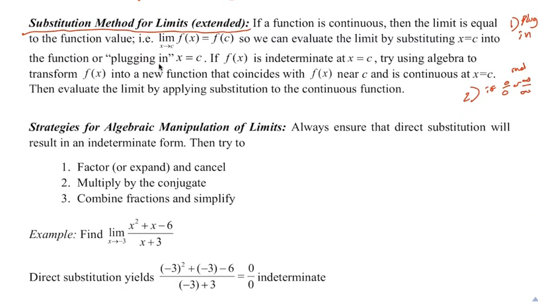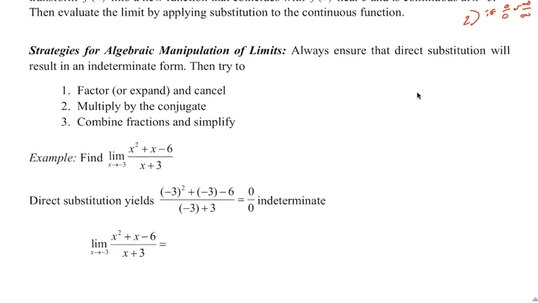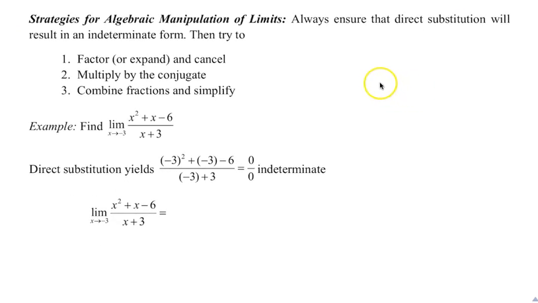So that's really the new substitution method for limits: plug it in. If it works, you're done. Great. If it doesn't work, if you get indeterminate, 0 over 0, infinity over infinity, then do some algebra first, and then plug it in. That's really it. Now the algebra, though, that's where it gets tricky for some people.